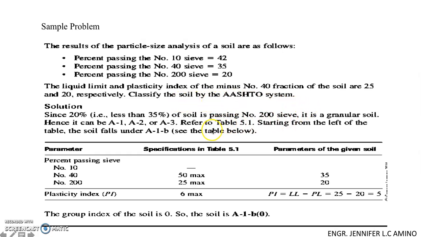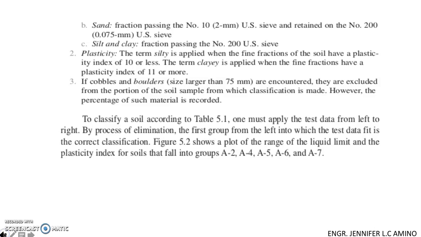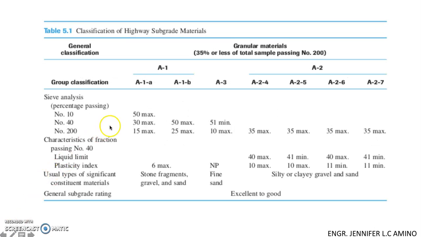So for this one, you start from the left to right of the table, so it falls under A-1-B. For number 40, if you observe our table, the maximum is 30 for A-1-A. Our given for the number 40 in the problem was 40.